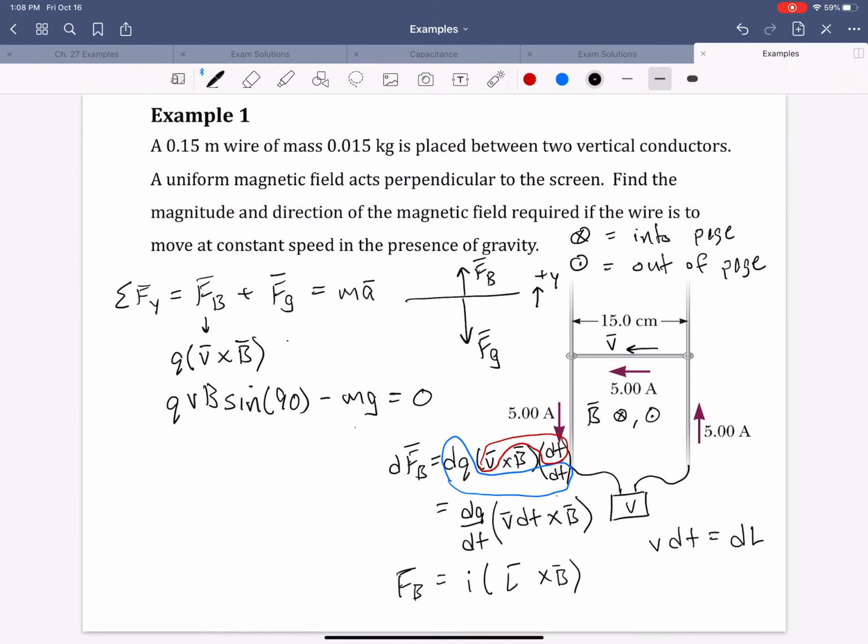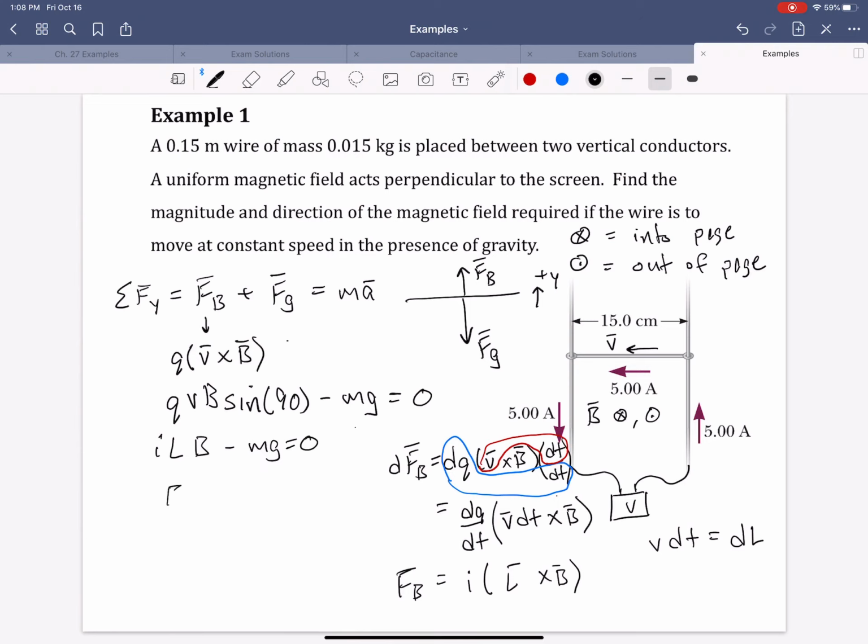Now let's plug that into our second law equation. We have the current, we have L, B, the angle in between is still the same, so it's still sine 90, which is 1, minus mg, which is 0.